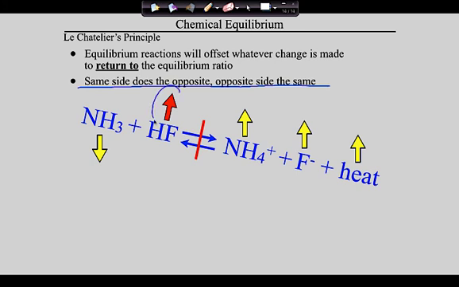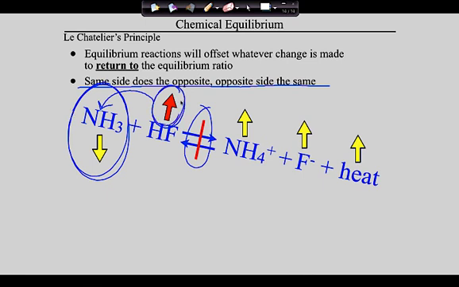So our initial change, which I just circled there, the red arrow, is to increase HF. When we do that, the stuff that is on the same side of the equilibrium arrows, the NH3, will do the opposite. If HF goes up, NH3 goes down.